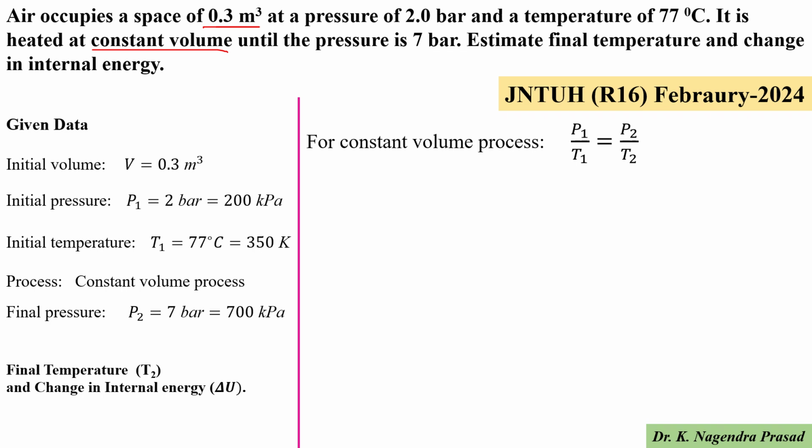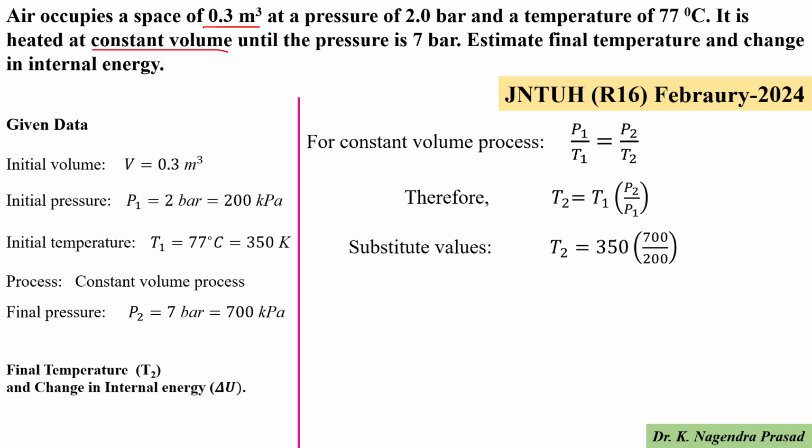In the data, P1 and P2 and also T1 are given. Then substitute all these values. T2 equal to T1 into P2 by P1, which is T2 equal to 350 into 700 by 200, which is equal to 1225 Kelvin. So this is the T2 value.